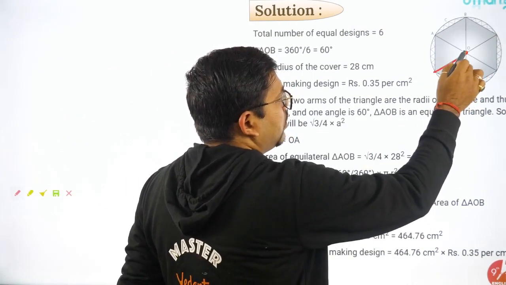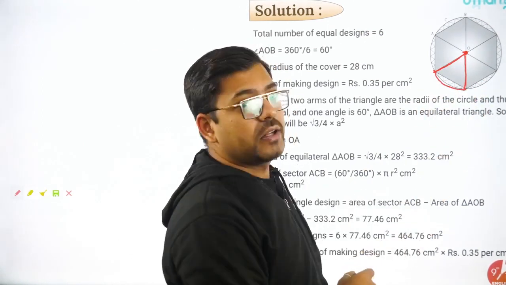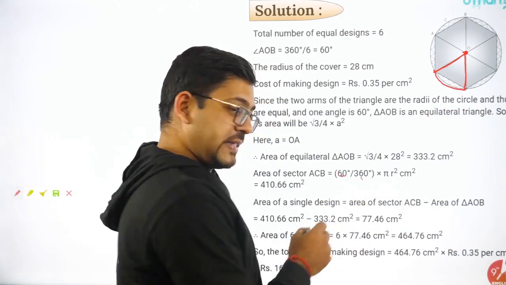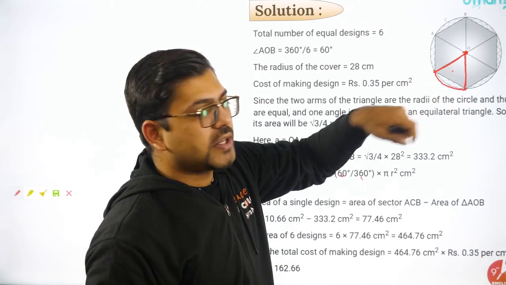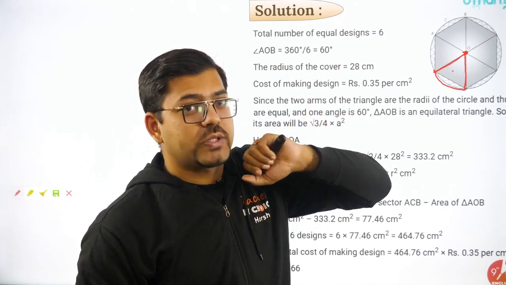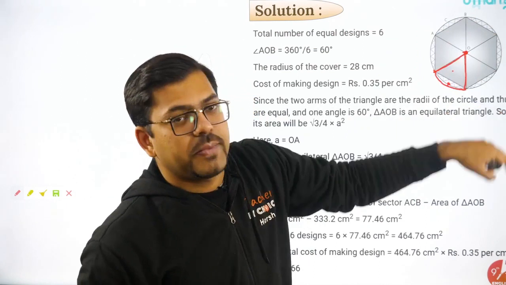From this sector, which is 60 by 360 pi r square, they have subtracted the area of the triangle, that is an equilateral triangle, root 3 by 4 into side square. So they have got this area and then they have multiplied it by 6.